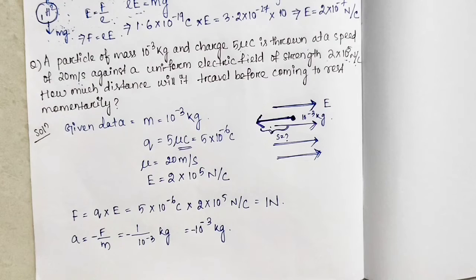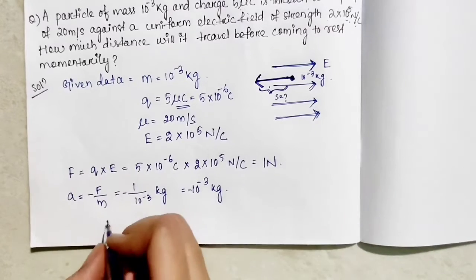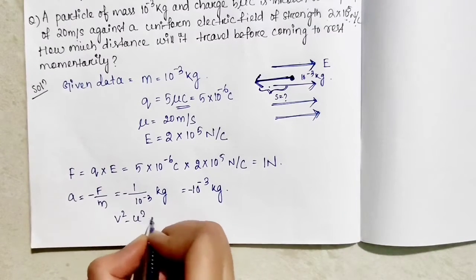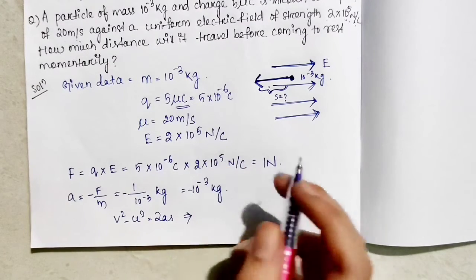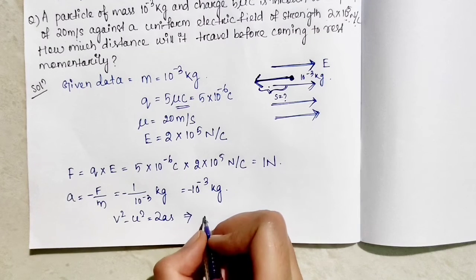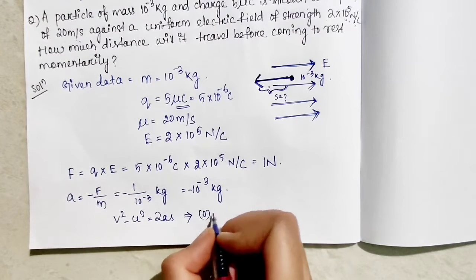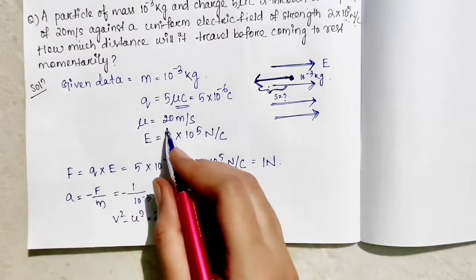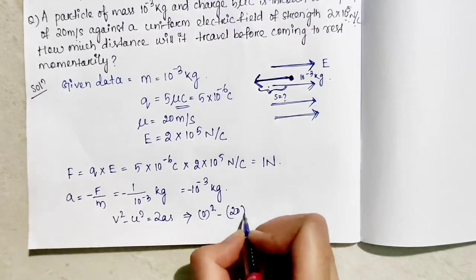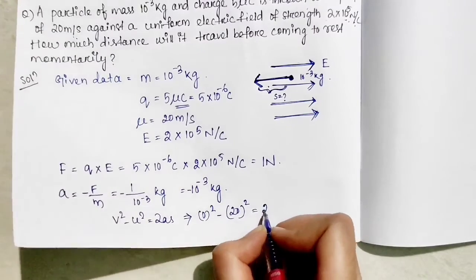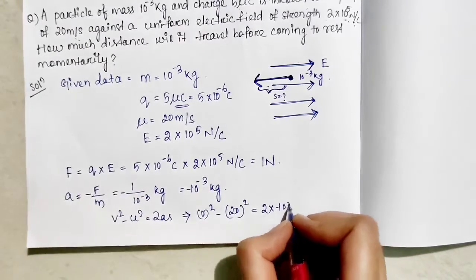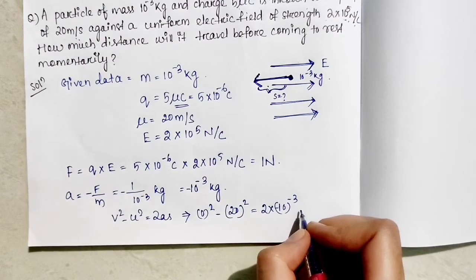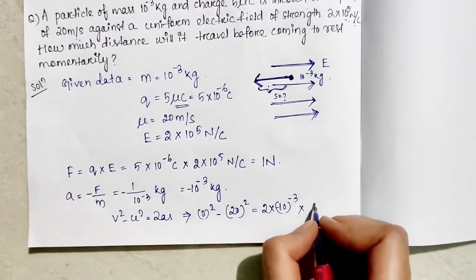As we all know, the distance formula, here I use one formula to find the value of S. The formula is v square minus u square is equal to 2as. As we know, the final velocity of the particle is 0 because it comes to rest. So 0 square minus the initial velocity of the particle, 20 whole square, is equal to 2 into the acceleration, minus 10 to the power 3, into S, which we have to calculate.